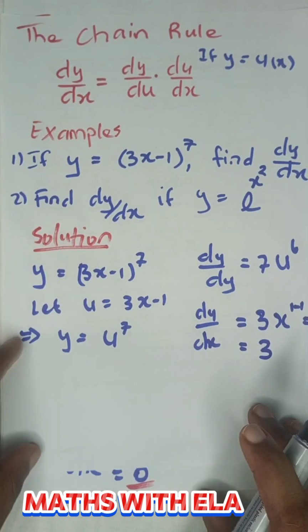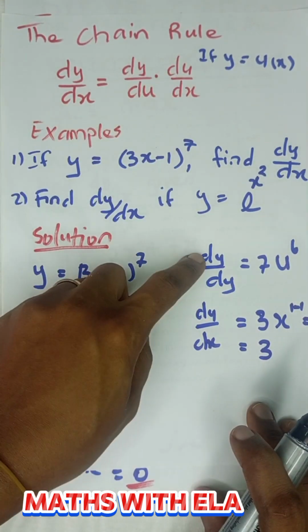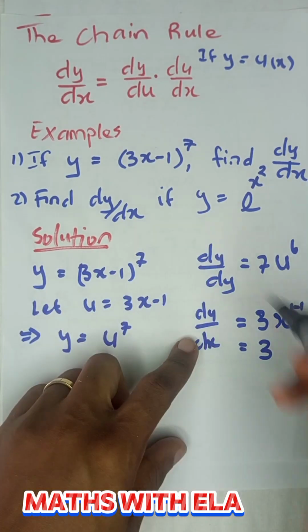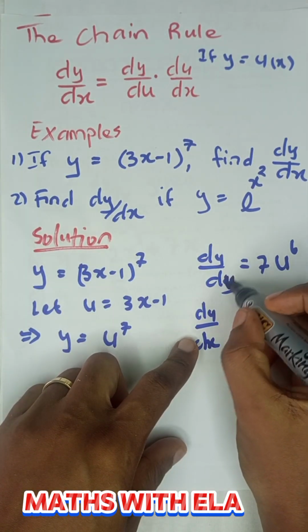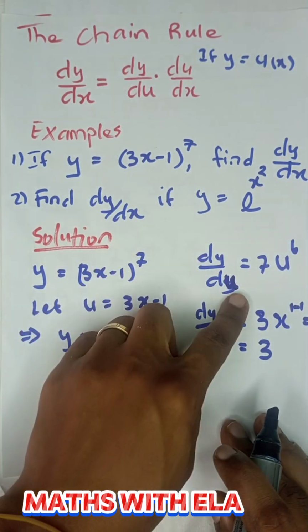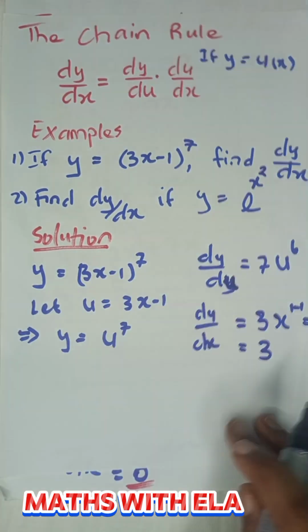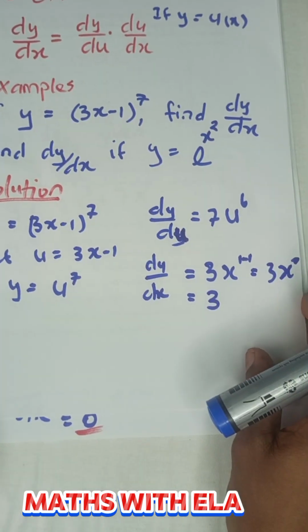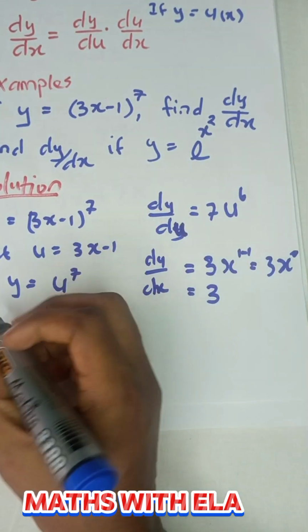So we've got everything we needed. We've had dy by du, and we've had du by dx. So we can go ahead to find dy by dx.